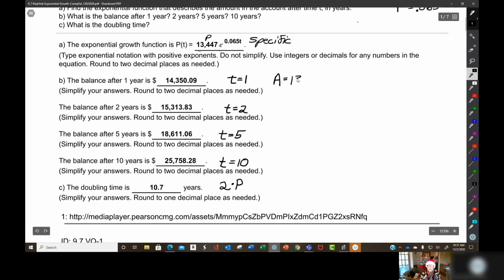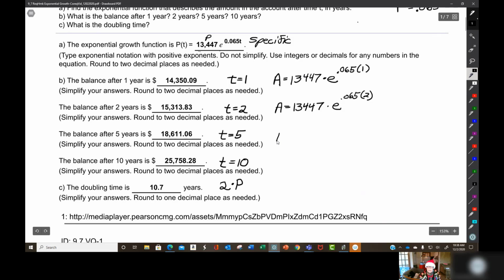A equals 13,447 times e raised to the 0.065 times 1. Then for 2 years, A equals 13,447 times e to the 0.065 times 2, because that's what t is. The t is the number of years.